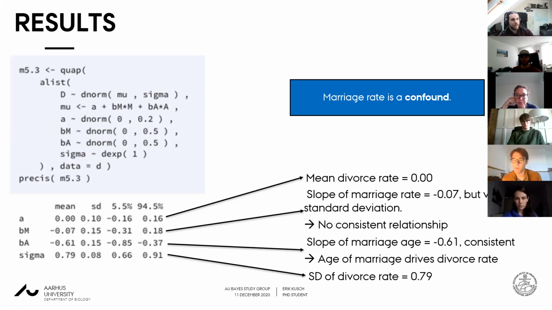So marriage rate, as a summary of this, is what we call a confound, because this by itself would make us believe that it would drive divorce rates. However, once we account for other variables, which are actually the drivers just through an indirect edge that passes through this node, going back to DAG speak, we can now elucidate the actual driver, which is age of marriage.